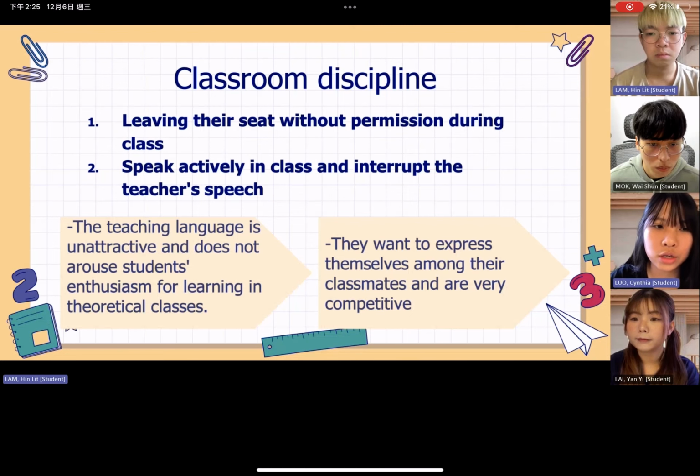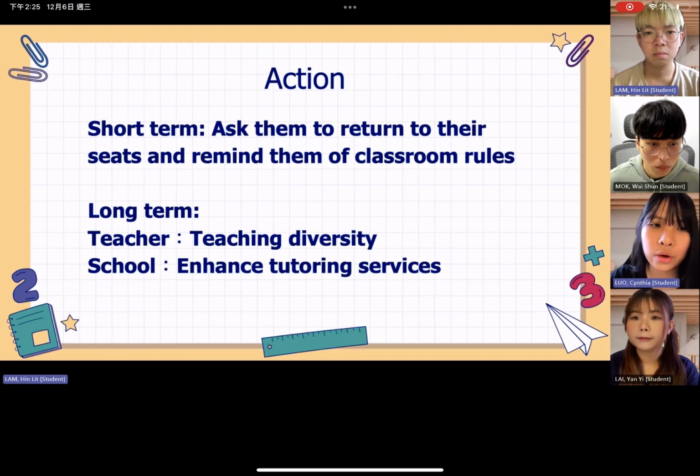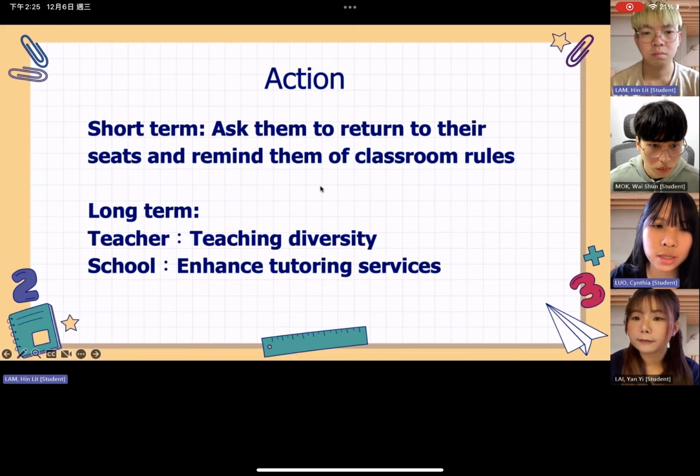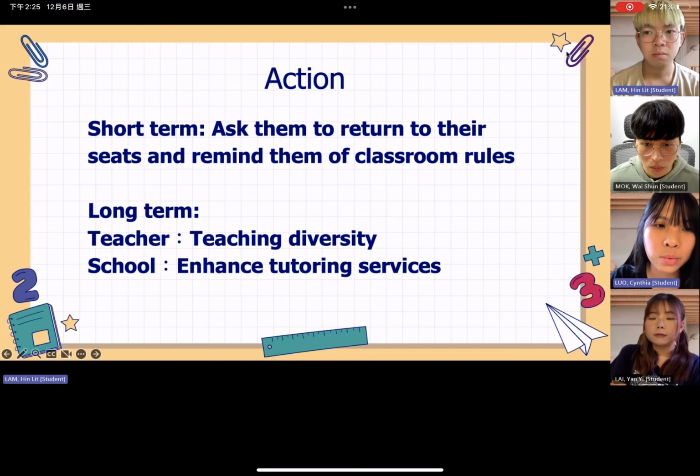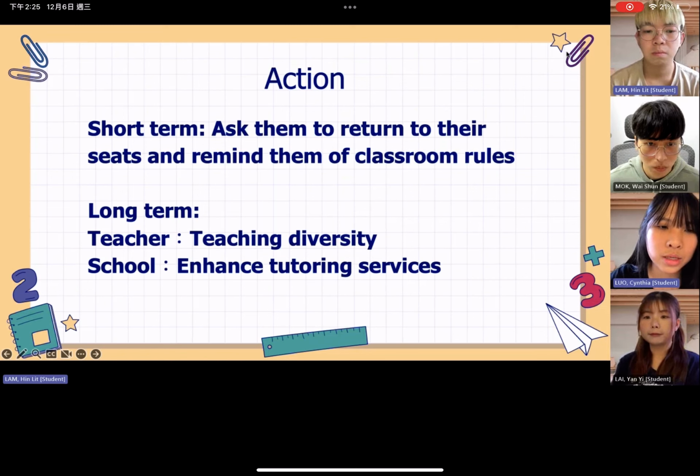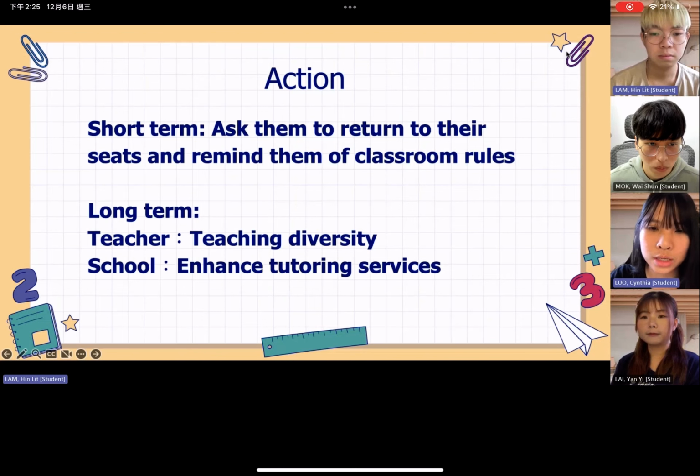Our short-term action is to ask them to return to their seats and remind them of the classroom rules. In the long term, at the teacher level, we suggest teaching diversity: using more examples from life experience and things that interest them, which can help them understand theoretical and other more abstract concepts.